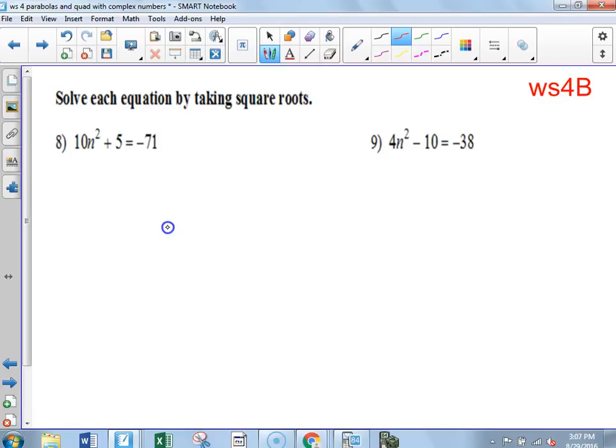We'll do 8 together, and then you guys can do 9, because 9 is way easier than 8. What do we have to do first, though, on 8? Use our Algebra 1 skills. And some more Algebra 1. Somebody's going to want a square root right here. That's not a good plan. Divide by the 10 first.